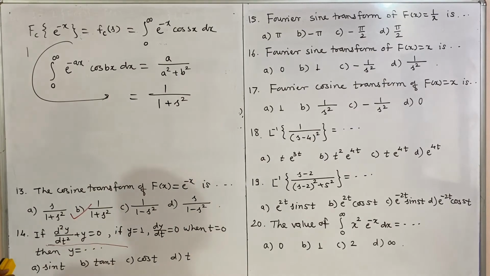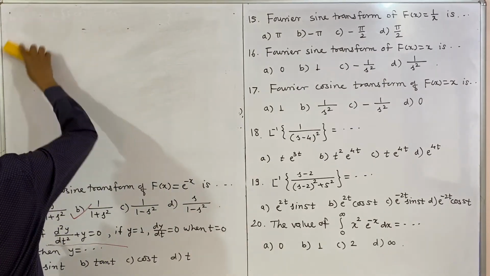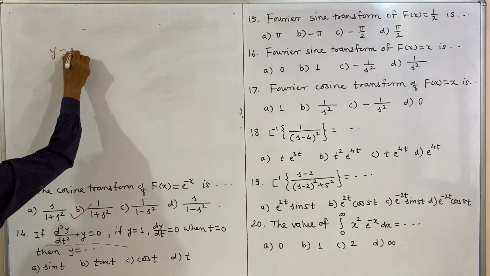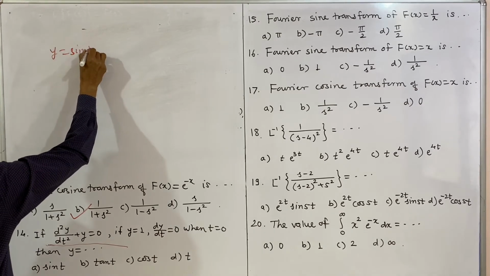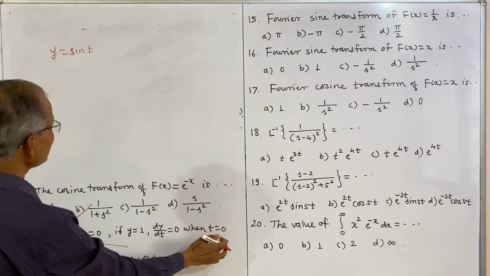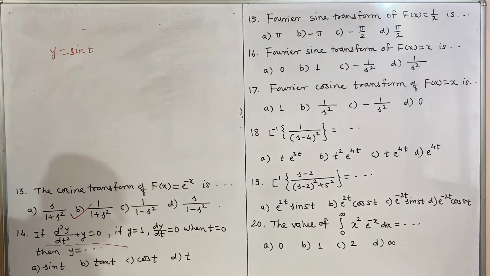So now see, if you consider the first value, if y is equal to sine t, then what is the value of y at 0 when t is 0? Sine 0 is 0, but it is given as 1. So therefore the first is not the answer.